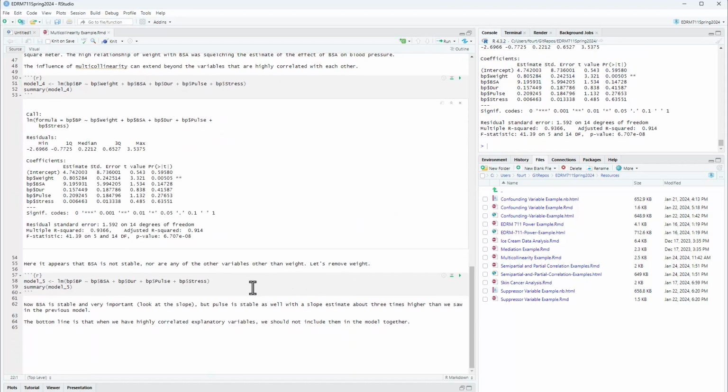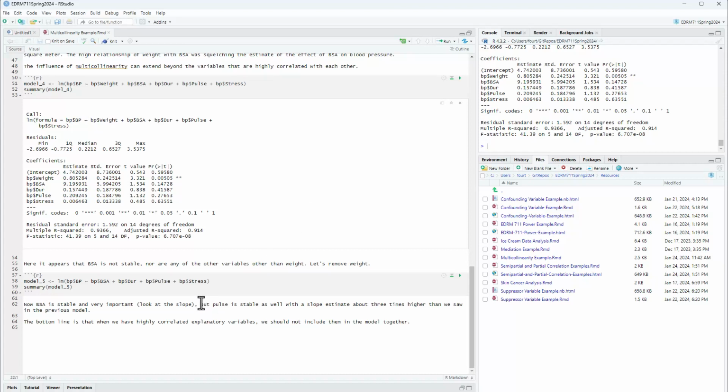And when we put all those in, we see that, again, BSA is not very stable, nor are any of the other variables. The only thing really helping us out here is weight. It's got a small p-value of 0.005. We have an estimate of 0.8. Remember, the estimate when it was by itself in the model was about 1.2.